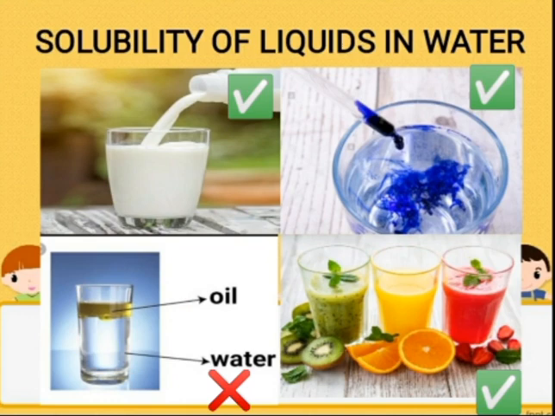So children, you can see milk gets completely dissolved in water, whereas ink also completely dissolves in water. Fruit juice will also get completely dissolved in water, but when we add oil in water, you can clearly see that two layers are formed. One is of oil and the second is of water. So children, we can say that oil is not soluble in water, whereas all the three liquids are soluble in water.